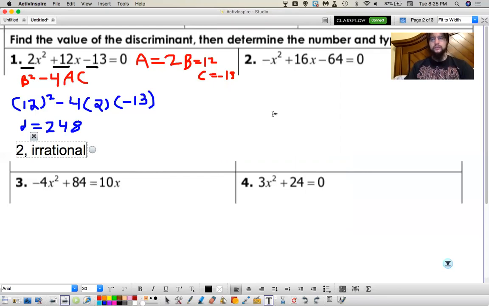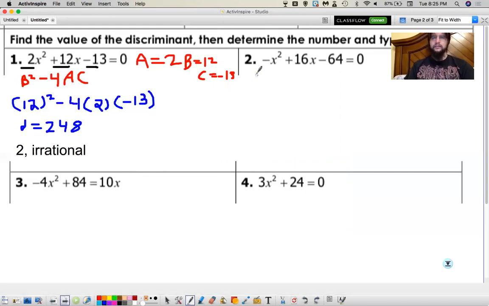Okay, let's look at the next one. Again, we're in standard form, so that's good. A is just the coefficient of x squared. The x squared has absolutely nothing to do with what a is. It's just the number in front of it, so it's negative 1. Not negative 1 squared, or anything like that. It's just negative 1.